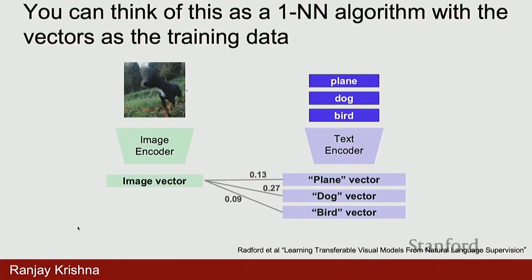Okay? Now, you can think of this entire process as essentially building a one nearest neighbor algorithm, right? So you have a bunch of centers, or embeddings, that you've generated in the text space, and now you can use them as your class category labels, and you're doing one nearest neighbor to find the optimal classification for any new image that comes in.